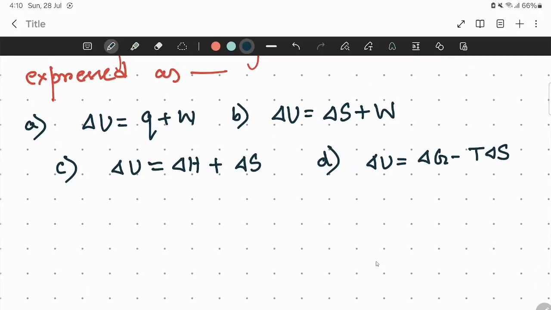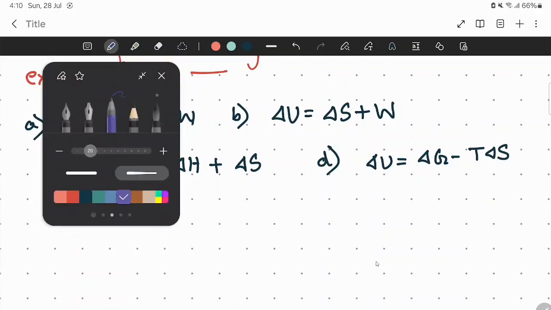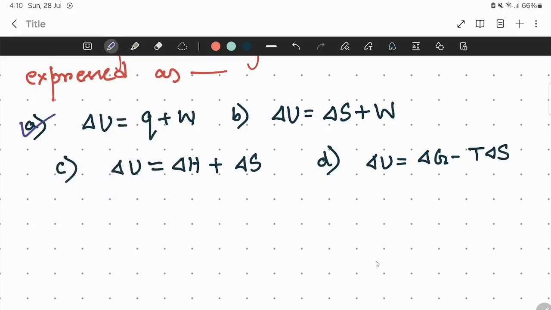First option. Yes, first option. Q is the heat and W is the work. So overall energy should be conserved.